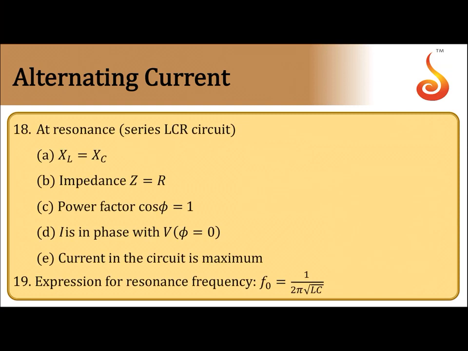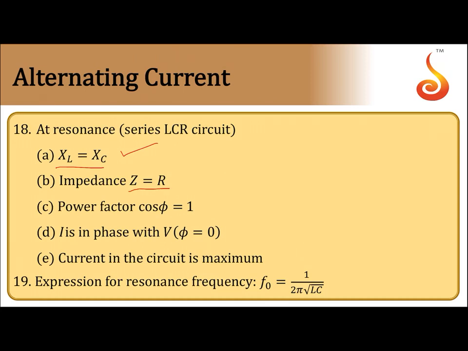Now coming to the concept of electrical resonance in a series LCR circuit. If XL becomes equal to XC, notice one thing, both are connected to frequency. By adjusting the frequency, if you arrive at this condition, then we say the circuit is at resonance.